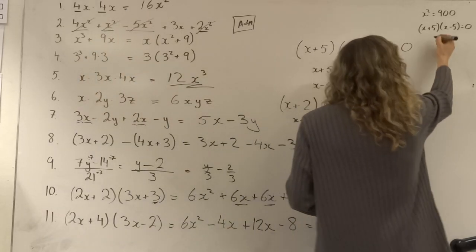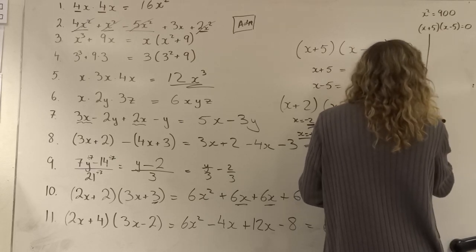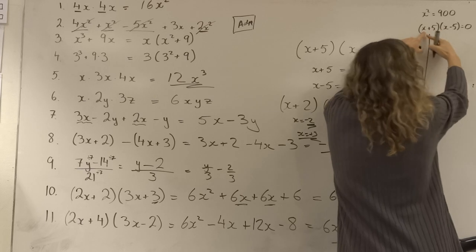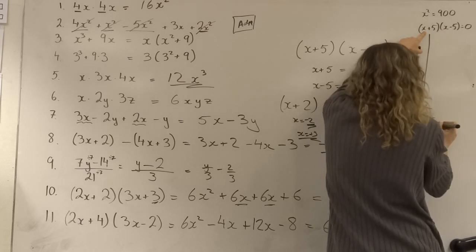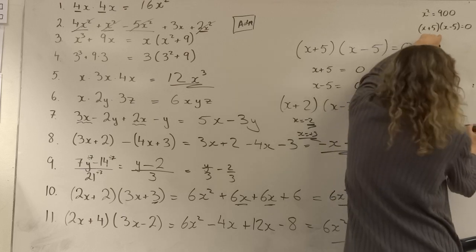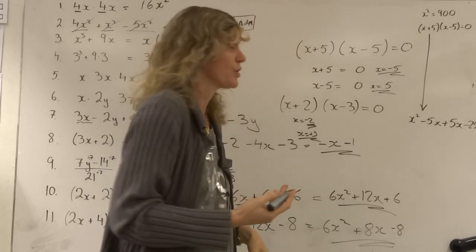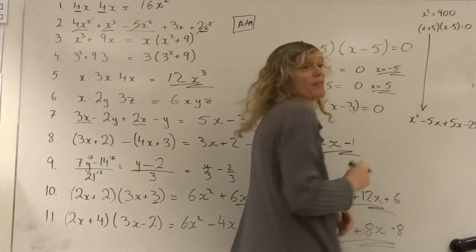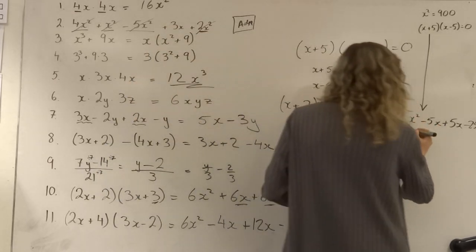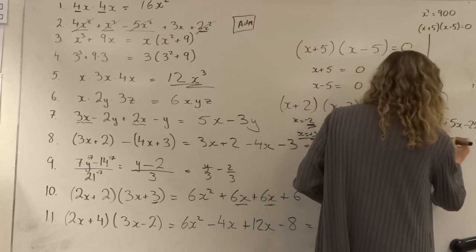Let's expand these brackets. If we were to expand these brackets, we'd get x squared, first two, minus 5x, outside two, plus 5x, inside two, minus 25, equals 0. Because we've told you that that expression equals 0. 5x minus 5x disappears. So this simplifies to x squared minus 25 equals 0.